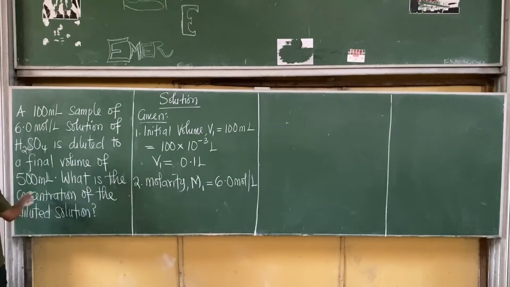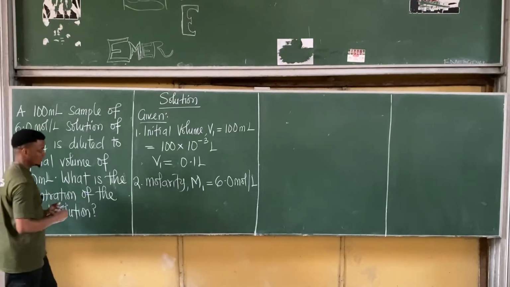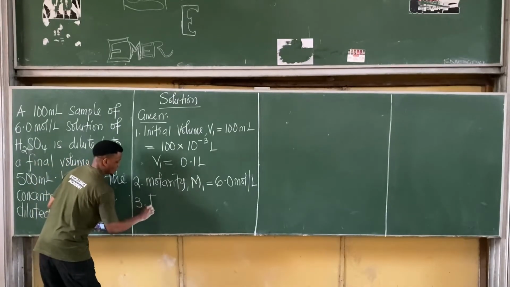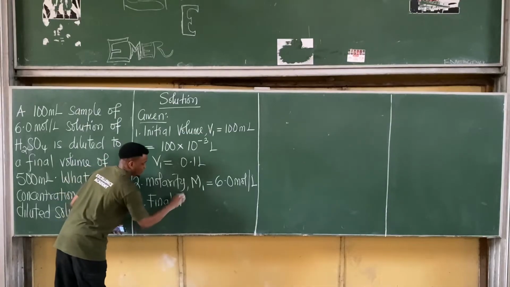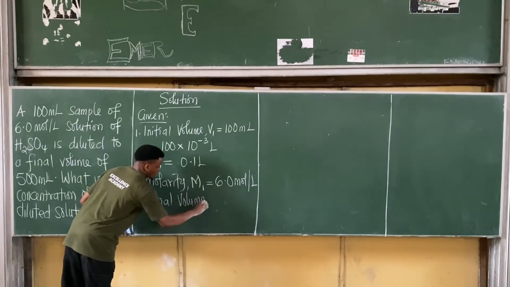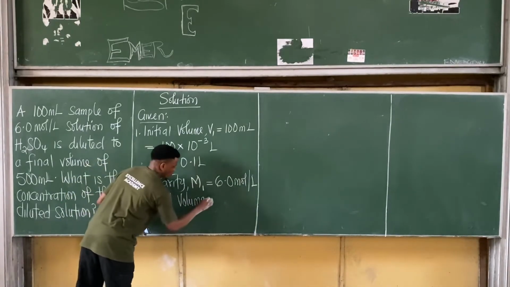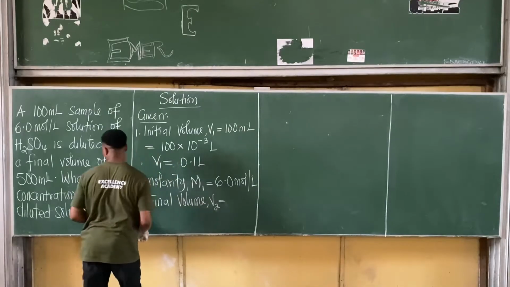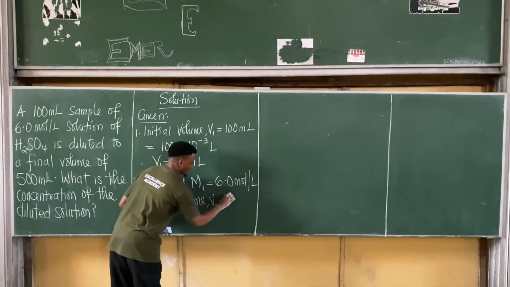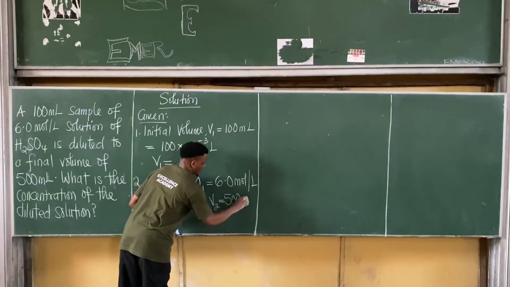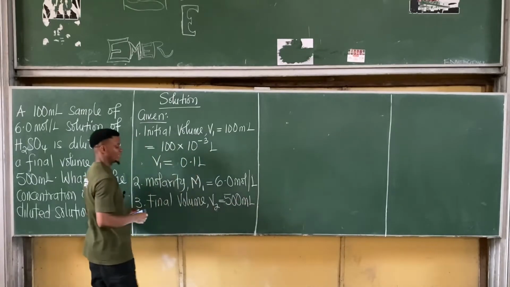Finally, I'm given what there? The final volume. Number three, I'm given the final volume, that's V2. V2 is given as 500 milliliter. All right, let's solve this.